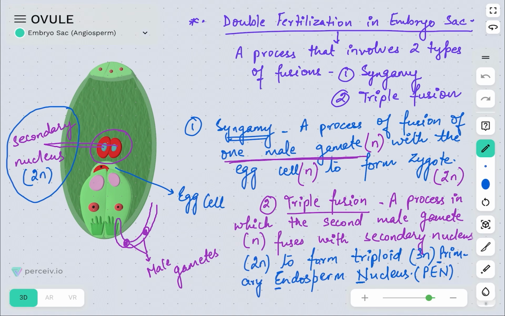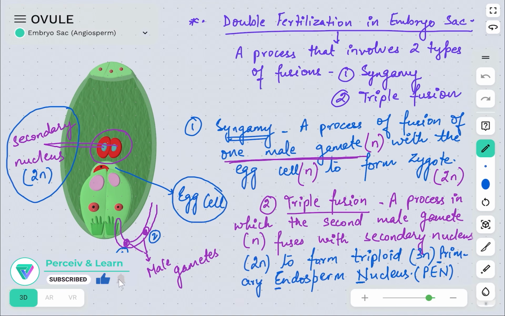Alright, so we have seen that there is syngamy and then there is the triple fusion. In syngamy, the first male gamete, which you can see over here, is going to fuse with the egg cell, while the second male gamete is going to fuse with the secondary nucleus or the central cell, resulting in the formation of PEN.